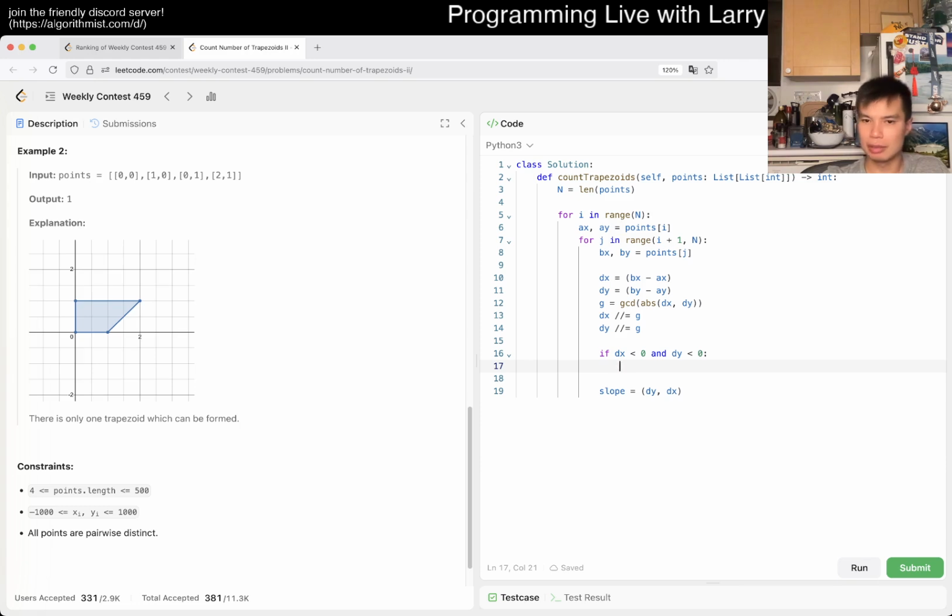Yeah, I mean, it is very awkward, but if we want dx to be negative, so if dx is greater than 0 and dy is less than 0, then in that case we just swap the signs. Cannot type. And then that should be okay.